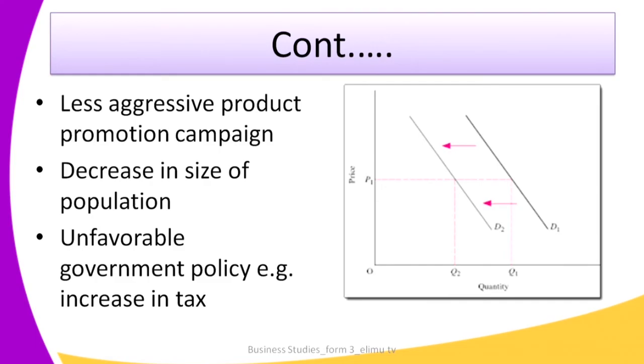So where the goods are taxed, the price of the product goes up. And remember, people demand more when the prices are low. So an increase in tax would make the price of the product increase, and therefore, demand will definitely go down.